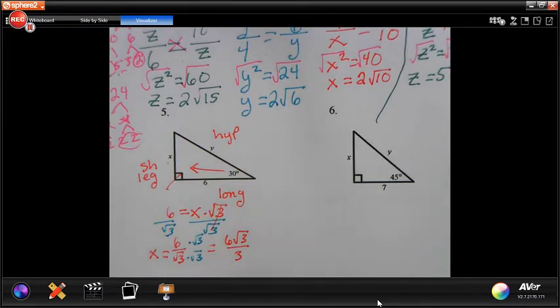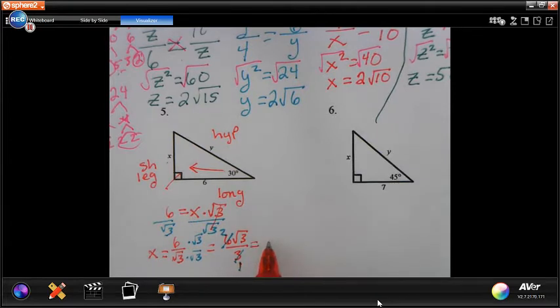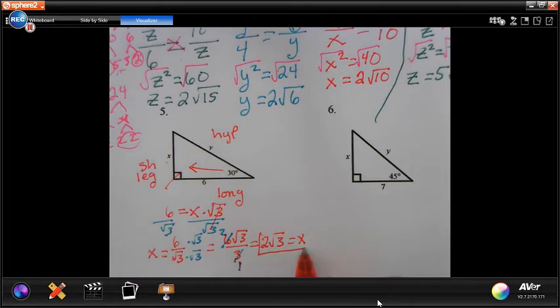And then anything that can be reduced, you want to reduce. So 6 radical 3 over 3, since those are both whole numbers, they can reduce. 3 goes into itself once, and 3 goes into 6 twice. So our answer for x is 2 radical 3. And that would be x.